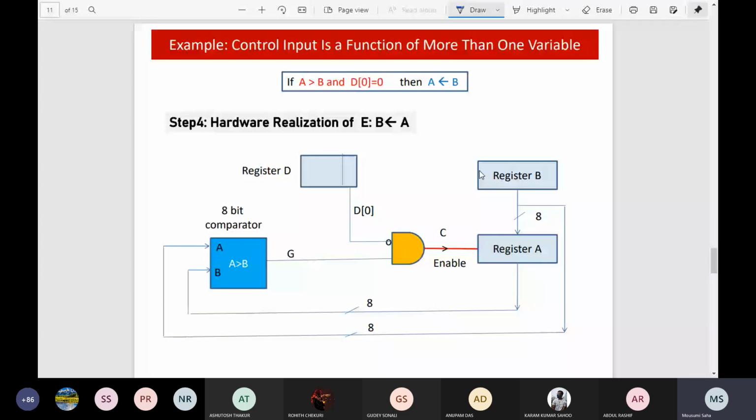Another register is D. From the LSB you take one bit, and with the help of the logical AND, you can generate the control signal. When it is 1, at that moment it will transfer from B to A, and if it is 0, A goes to A. So whatever previous circuit you designed, you have to implement here with the help of the multiplexer. Clear?